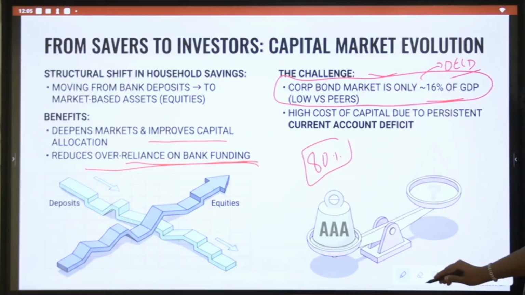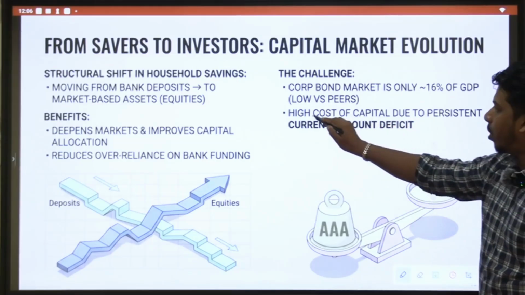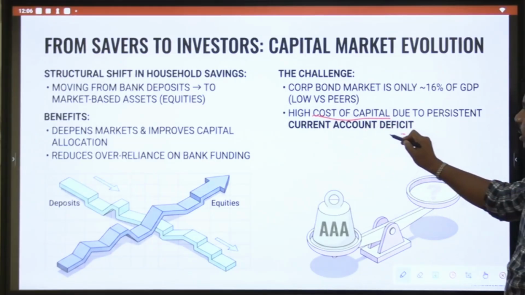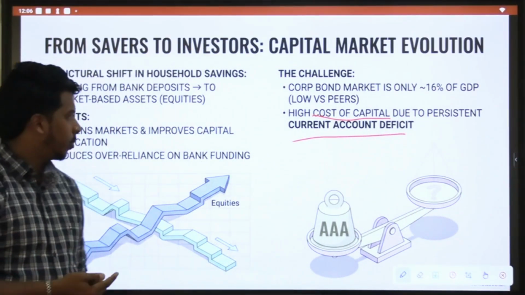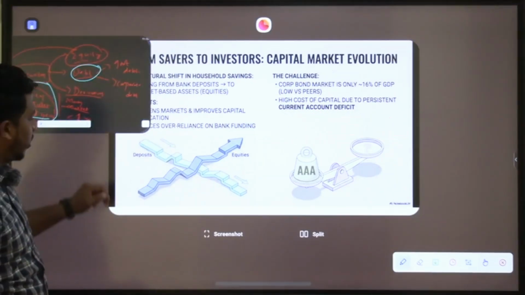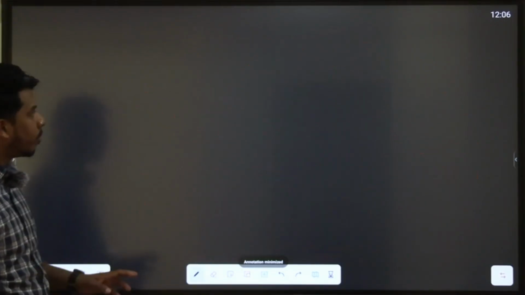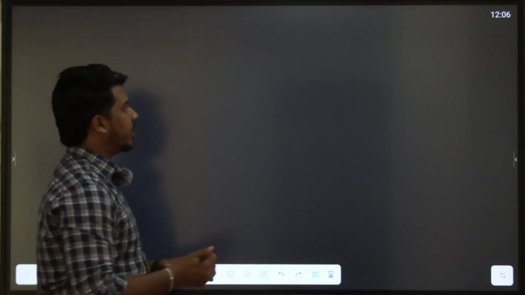Now we already know one concern of the financial system. We have a high cost of capital in India due to persistent current account deficit. This is a repeated theme. Let me tell you once again what I have already told in the first video. This is what the economic survey is saying.